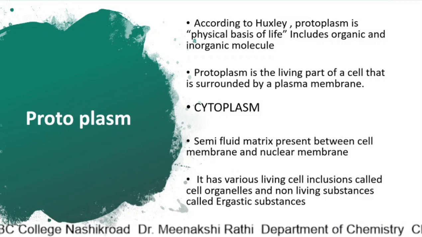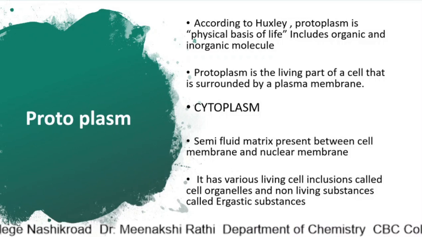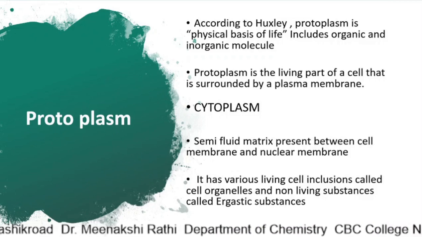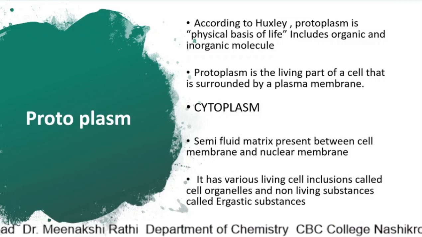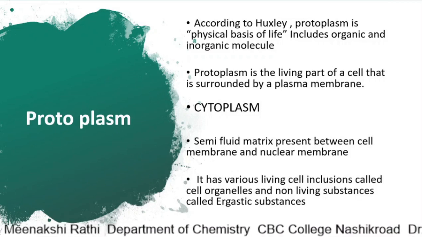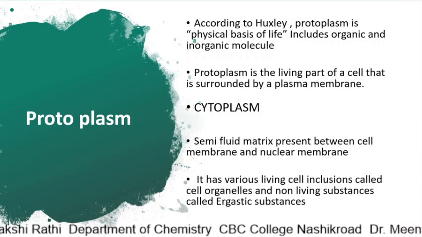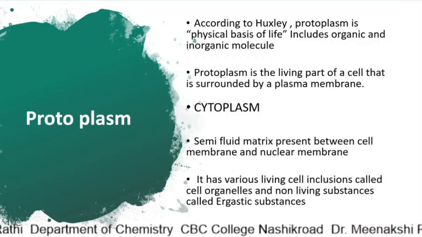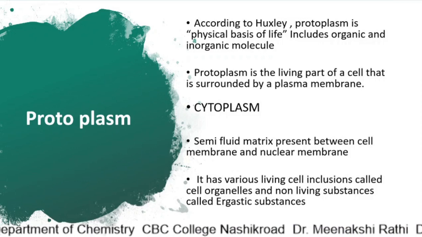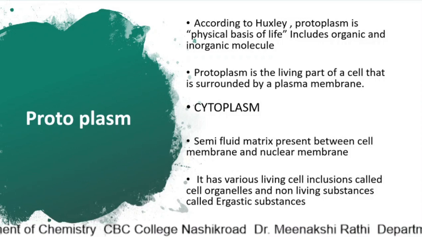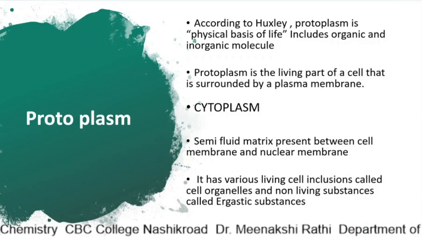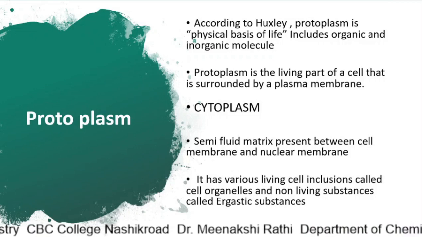All these organelles are present in this semi-fluid matrix. Along with these living organelles, it also contains some non-living substances which are called ergastic substances. Ergastic substances are mainly starch and cellulose. These are also present in the cytoplasm.